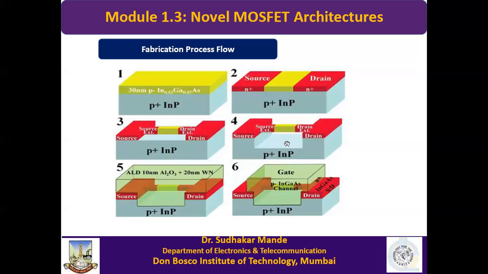And then insulating material is deposited. When you deposit insulating material, that is basically oxide. We call that the oxide insulator, gate insulator. And that gate insulator will come from all the sides, below and on this one. Yes, sir.